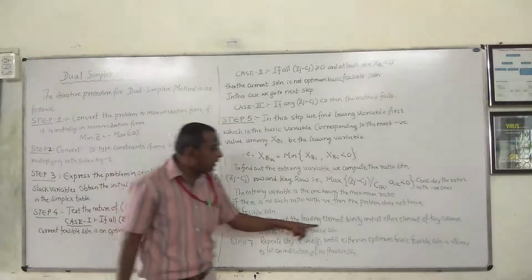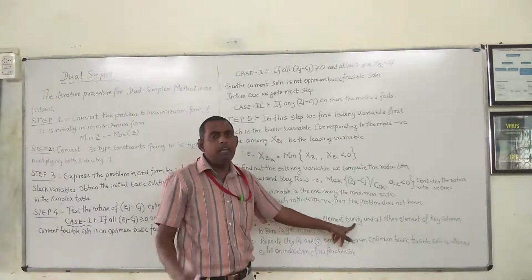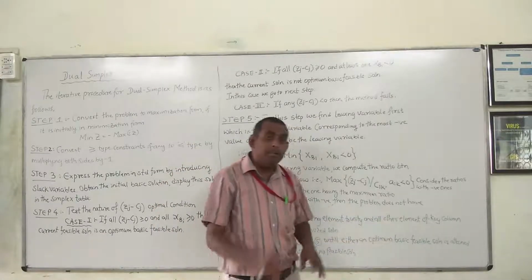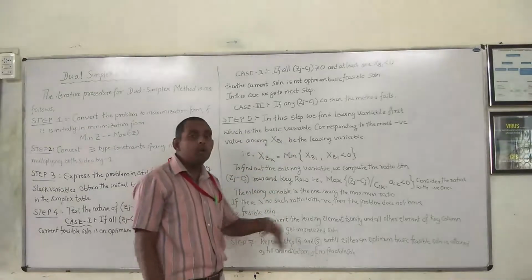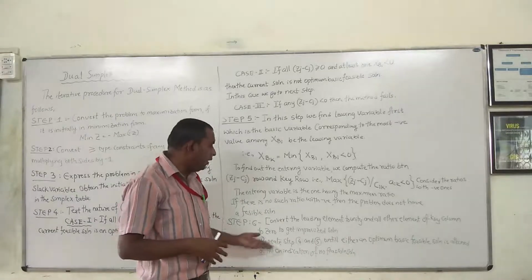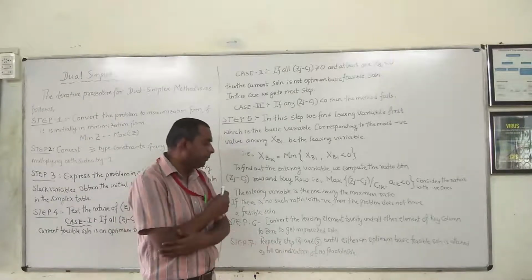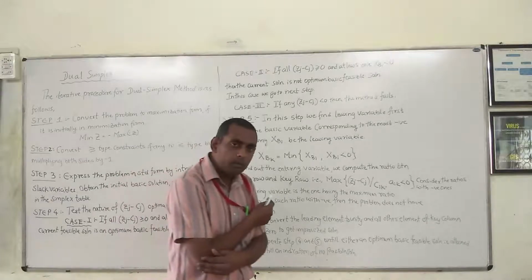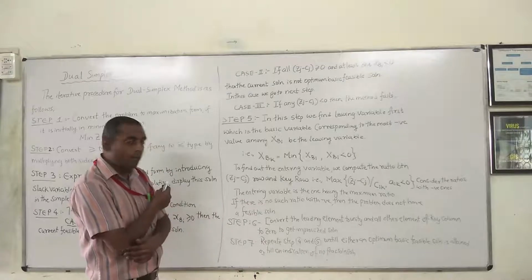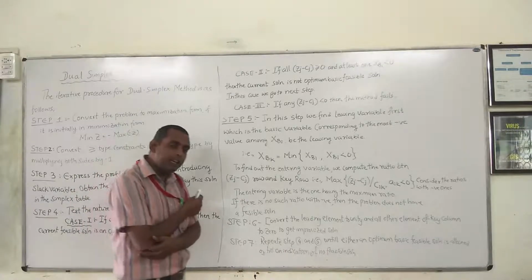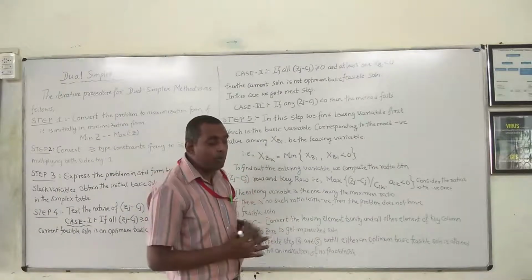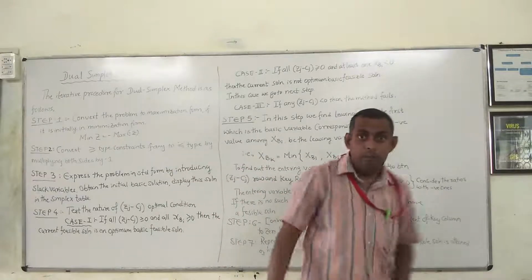Convert the leading element, that is the key element, to unity, and all other elements in that key column to 0 to get the improved solution. Repeat steps 4 and 5 until we get the optimum basic feasible solution or an indication of no basic feasible solution. This is the dual simplex method.